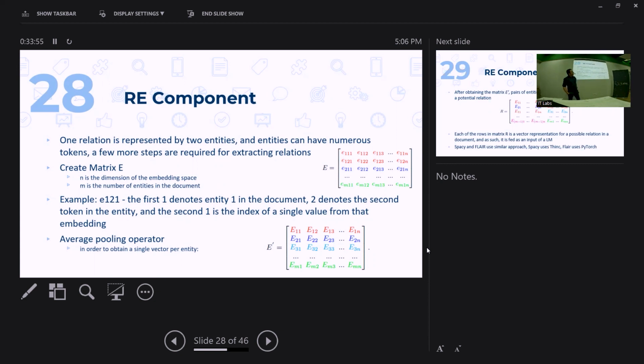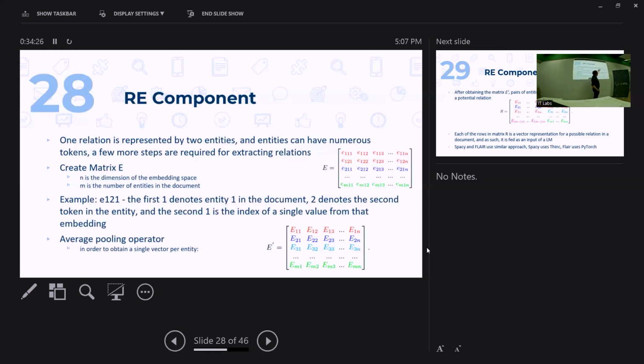So, for example, I will speak about A1 to 1. Usually an entity can be 1 token, but it can also be 2 tokens, 3 tokens, like United States of America. So it's a location, or Apple Inc. So it's 2 tokens. So if you go, this 2 means the second token from the entity. The first index 1 means that it is the first entity in the document.